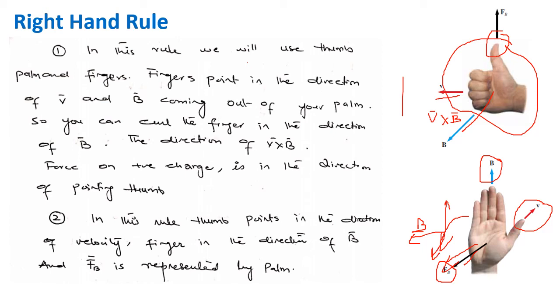So these are two different ways through which we may know the direction of force, velocity, and magnetic field.